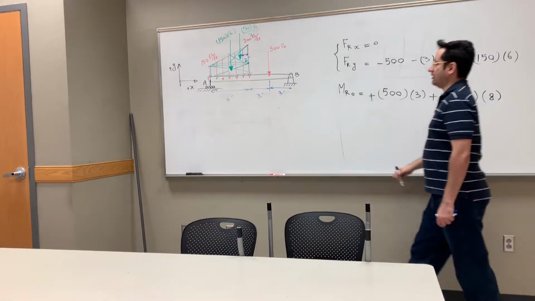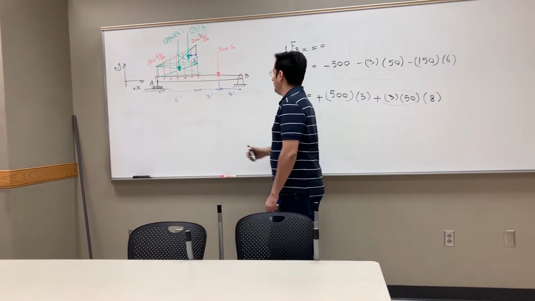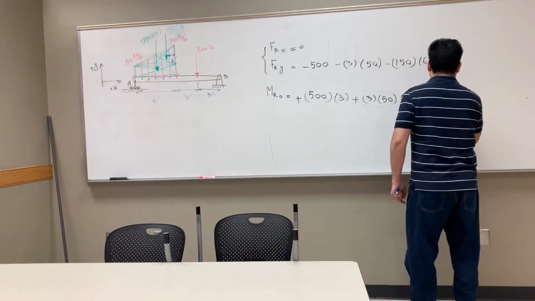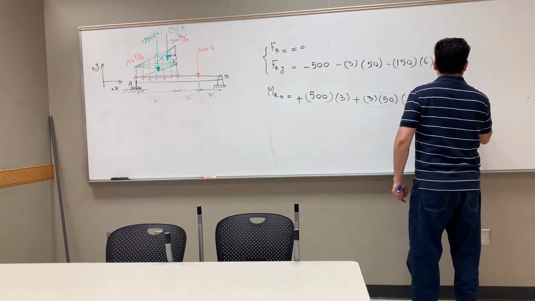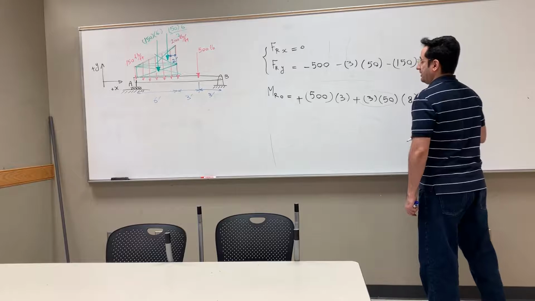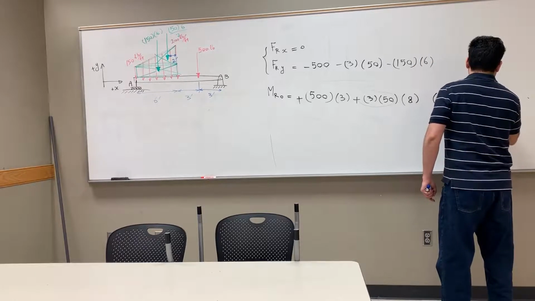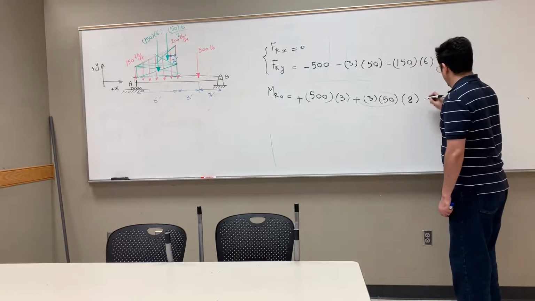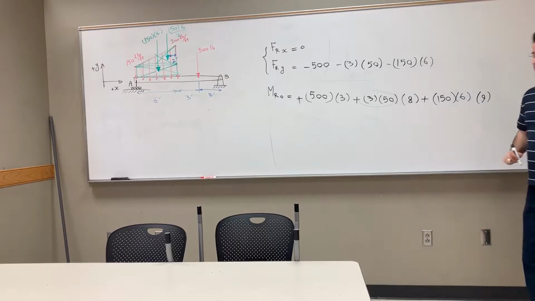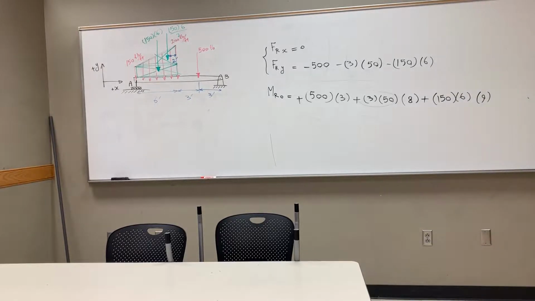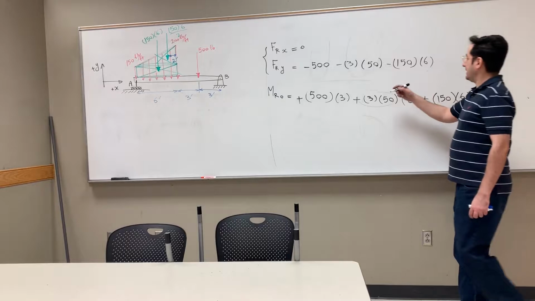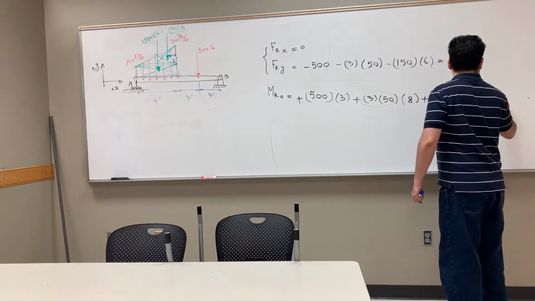Now you go to the next one, this one. So 150 times 6 times the distance. What's the distance? 9. Thank you. Positive or negative? That's it. So, let's put this in the calculator.